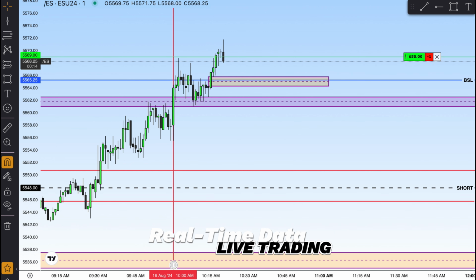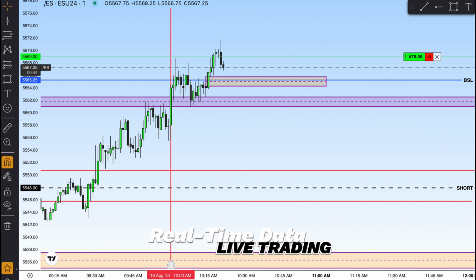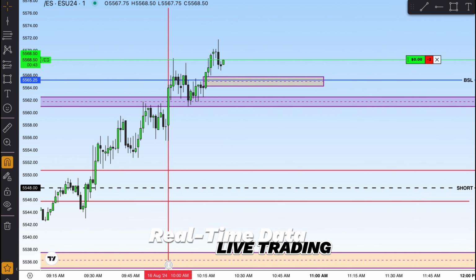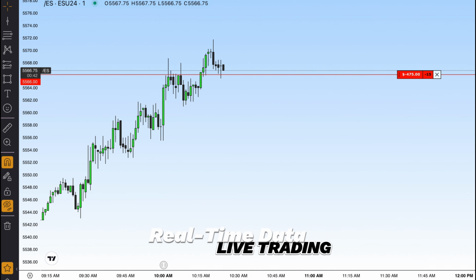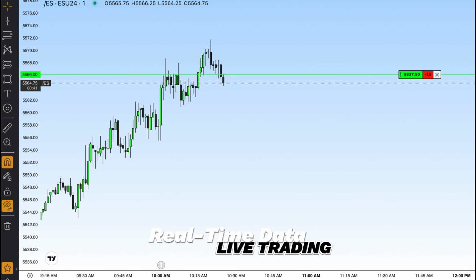You're just waiting for stuff to happen. You're waiting for the demand zones to get reached, you're waiting for the supply zones to get reached, so you can short. That could take a lot of time. There's going to be so many opportunities that you miss out on in between.